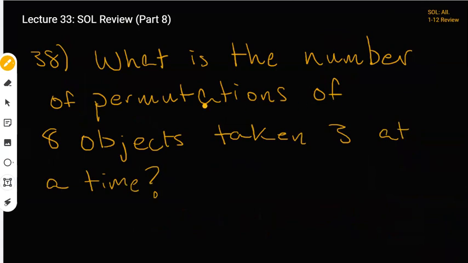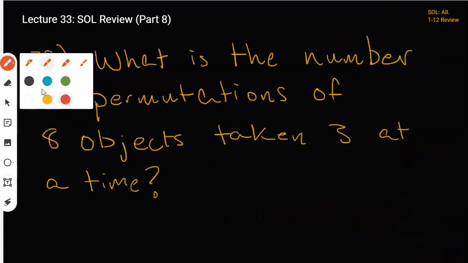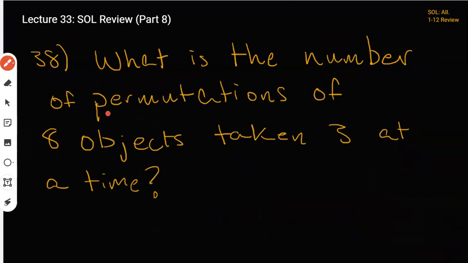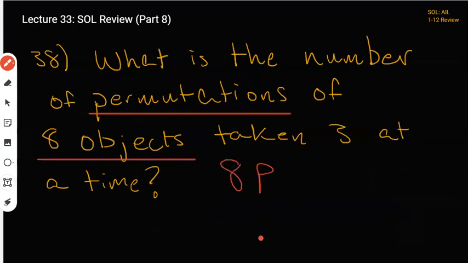Okay. So the first thing to know is we're finding permutations, not combinations, permutations. So I'm going to be using a P. The next thing that you need to know is how many objects in total do you have? How many objects do I have in total? 8, right?